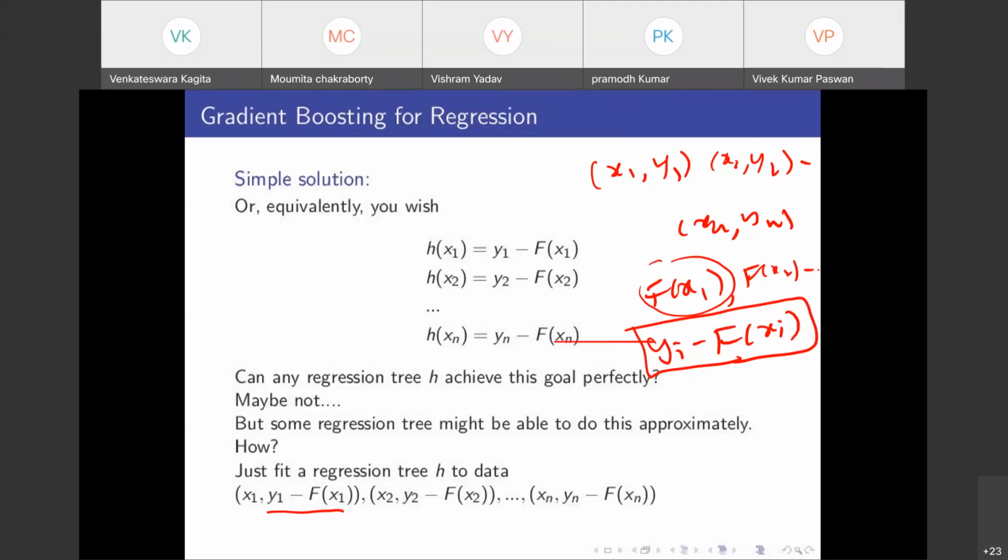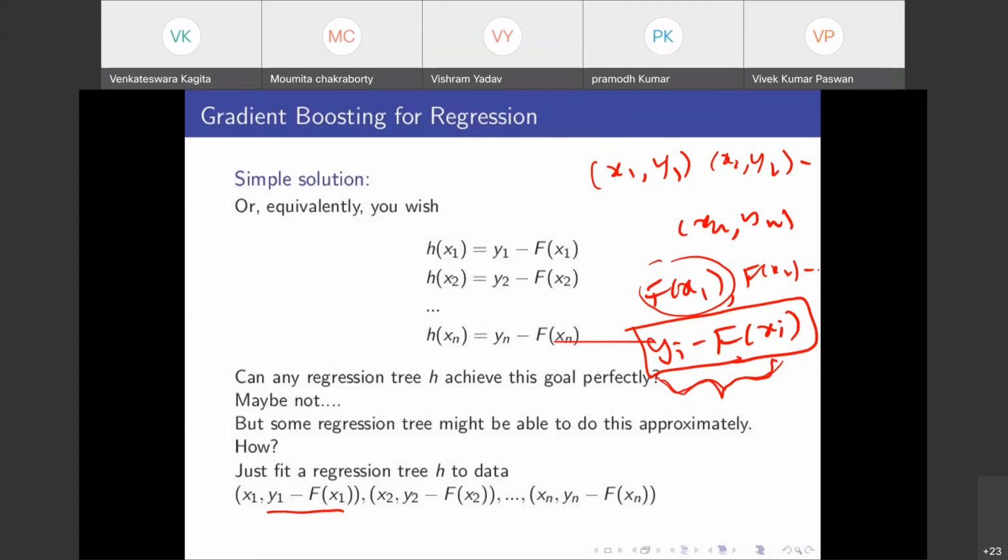So you have to fit another model to address the shortcomings of the existing model. This is the part where the existing model is failing, where it couldn't predict perfectly. To compensate for the shortcomings of the existing model, you're trying to fit a regression model to this residual part where the existing model couldn't predict correctly.